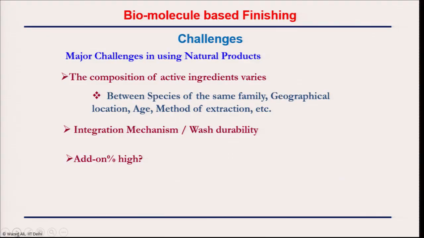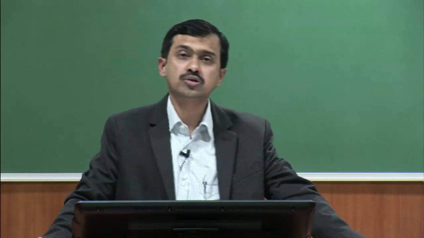So, this is the real challenge: how the researcher or scientific community is going to use different extraction processes, whether water media or solvent media, and accordingly we will be able to extract the biomolecules. So, first of all we need to optimize those extraction processes where we get the right molecules that are effective for developing a certain property on the textile material. So, we need to think about that.